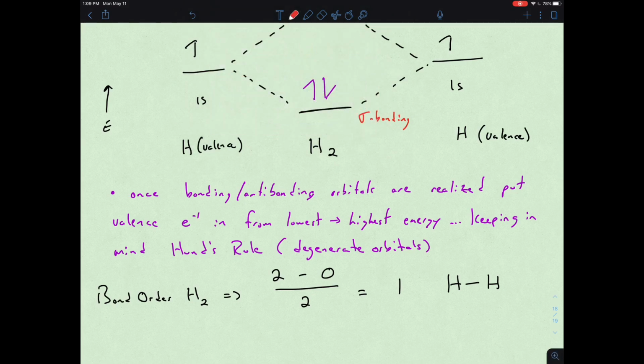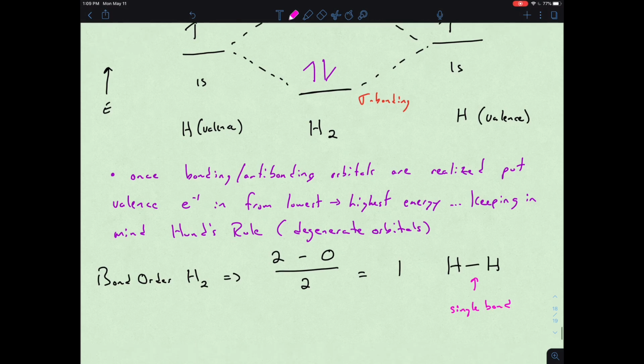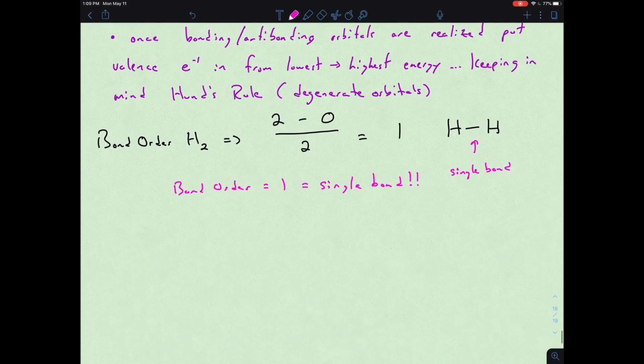Hydrogen has a single bond, and so a bond order equal to 1 implies exactly that: there's a single bond between the 2 hydrogen atoms. So that's one example. Let's take it to a few more here.